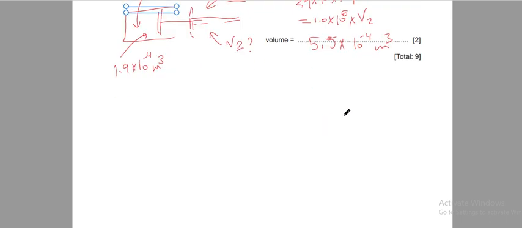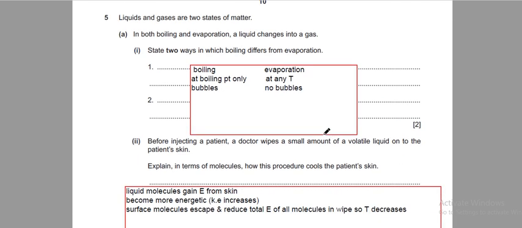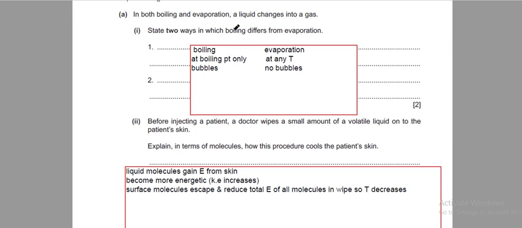Okay, liquids and gases are two states of matter. In both boiling and evaporation, liquid changes into the gas state. In which way does boiling differ from evaporation? State any of the differences that you memorize.